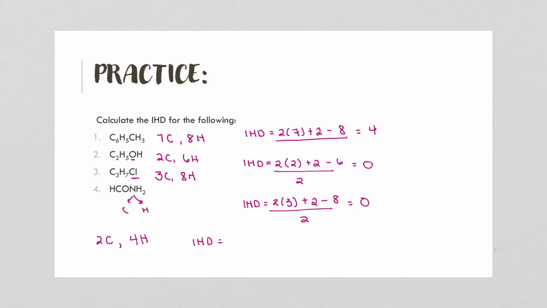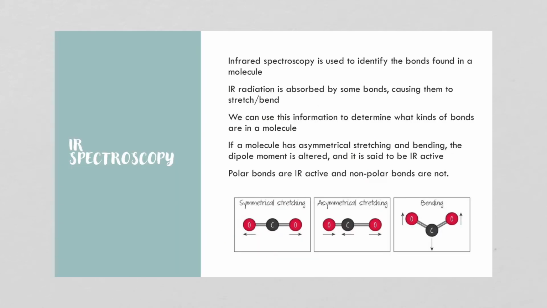That's going to be 2 times 2 plus 2 minus 4, all over 2. So that's 4, 5, 6 minus 4, so this is an IHD of 1.